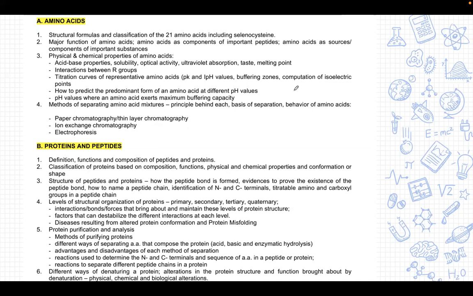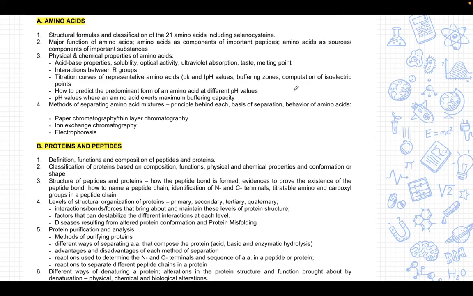The major function of amino acids is as components of the important peptides, and as sources and components of important substances. So magkaiba yung importance and then yung uses ni amino acid kay protein. Kasi si amino acid, yun lang yung ginagamit natin para makabuo ng protein.